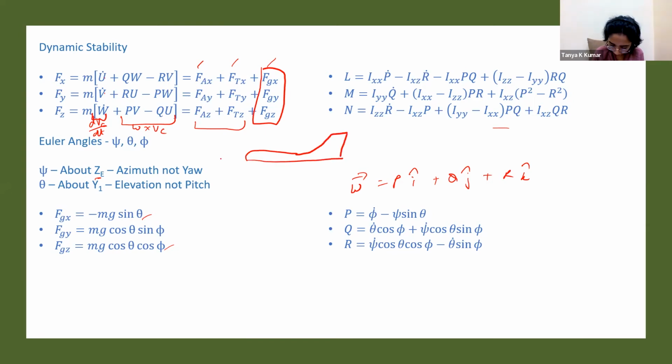So this was your aircraft, and you have the x body, the z body, and the y body.